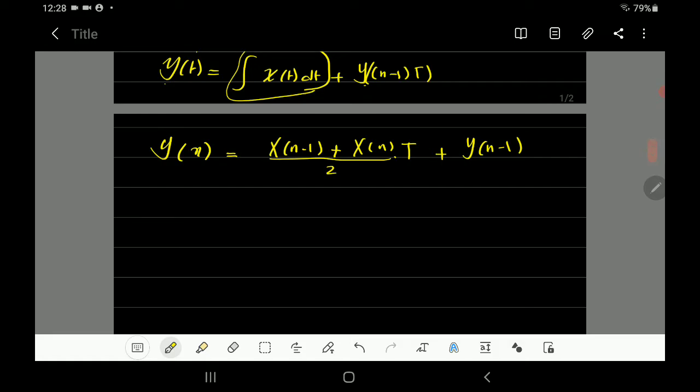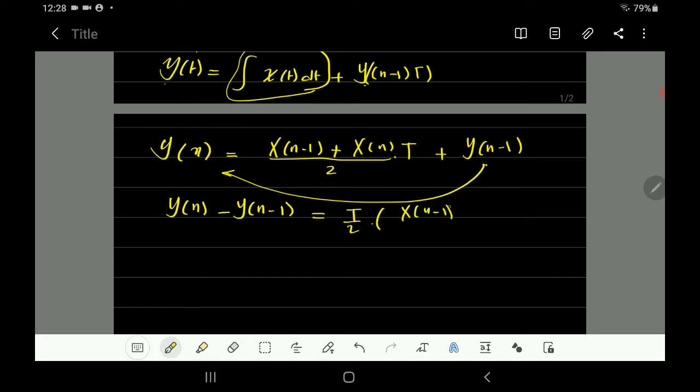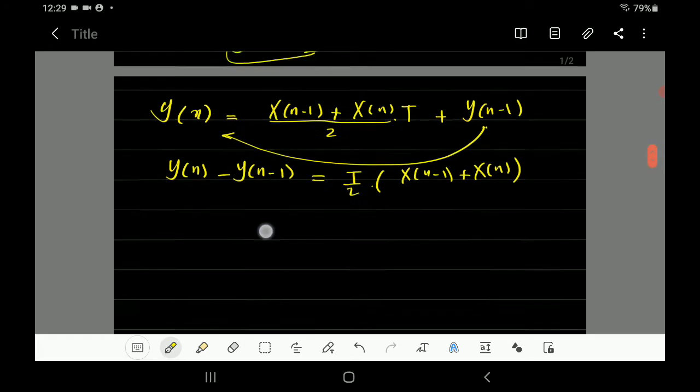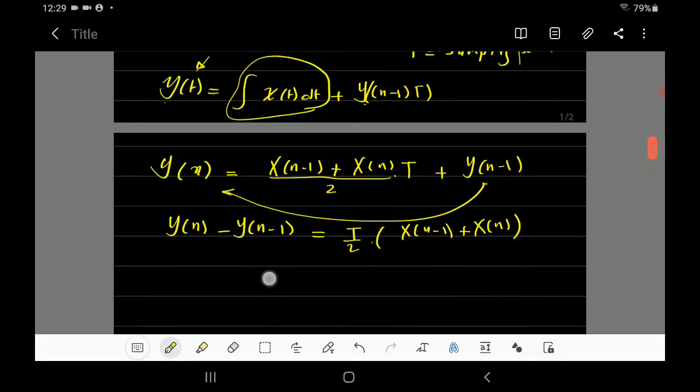So that's the equation that we have. Let's arrange this equation in a way where we have y on one side and x on the other side. So we have y of n, and you move this one to this side, minus y of n minus 1, equal to T over 2 times x of n minus 1 plus x of n. Now I will do the z transform on this difference equation. This difference equation is an approximation for the differential equation that we had in the beginning and integrated here.